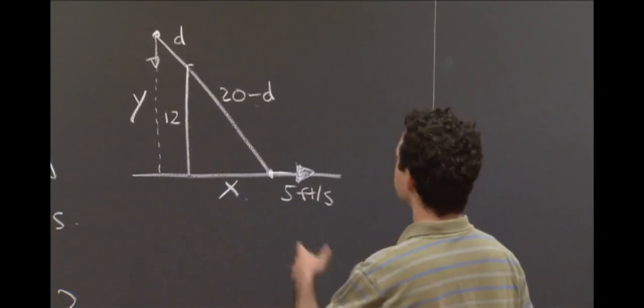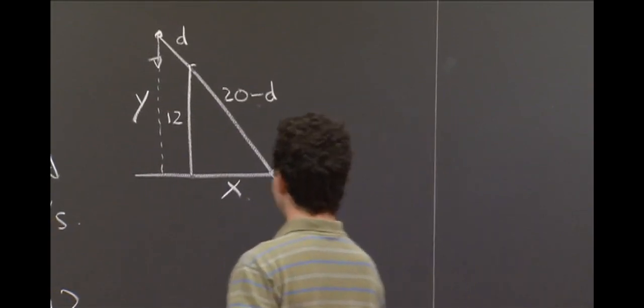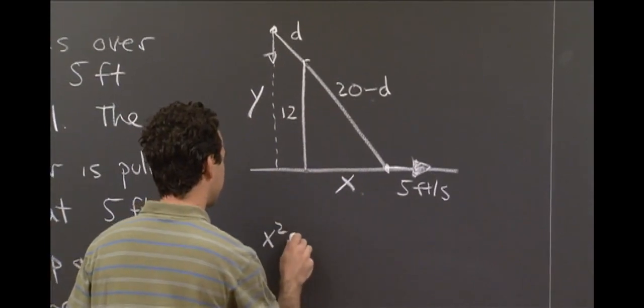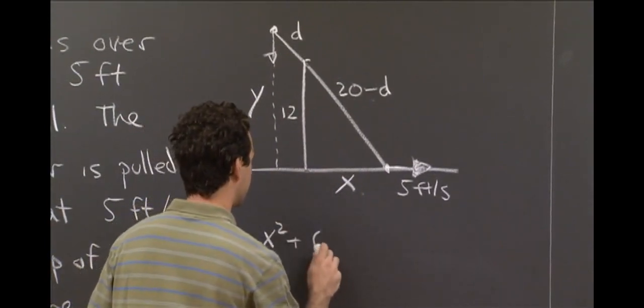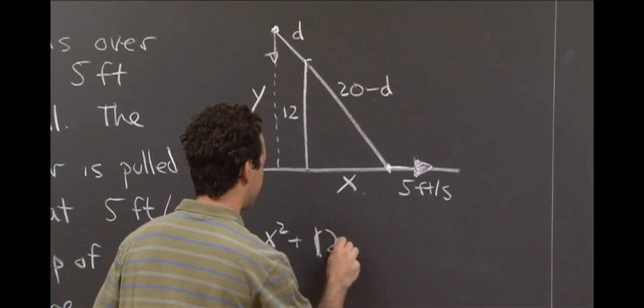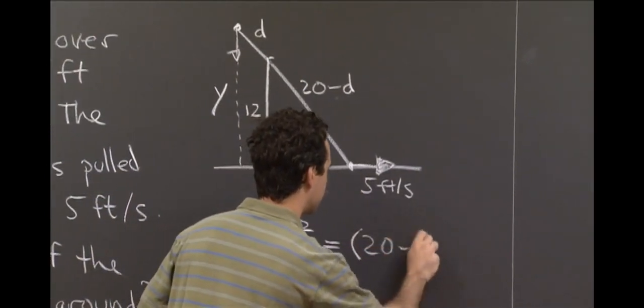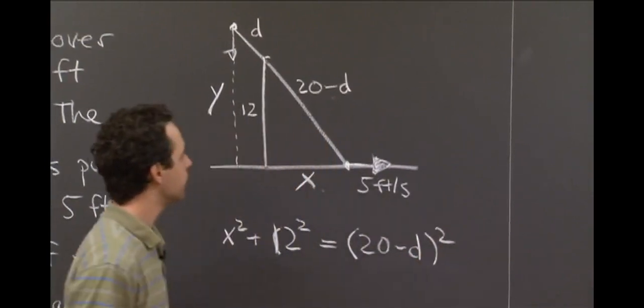So what does the Pythagorean theorem say? By the Pythagorean theorem, we have x squared plus 12 squared is equal to the quantity 20 minus d squared.